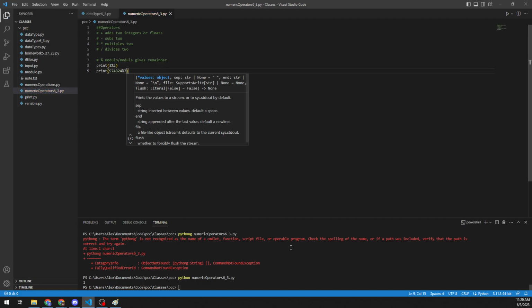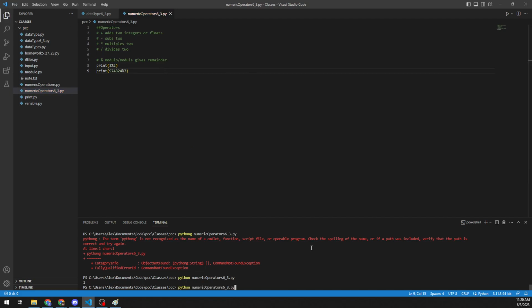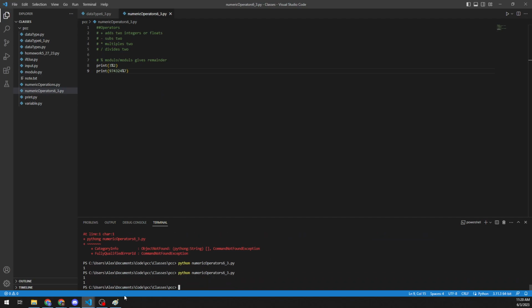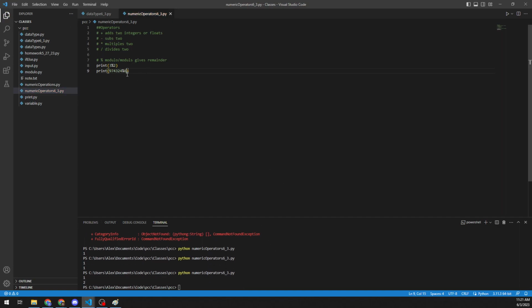Now I don't know if that's a multiple of 7 or not, but we can run that, and it gives you a remainder of 1. So it tells you, okay, it's not. So maybe instead of 7, we do 6. No. 4. There we go. So 97432 4 is a multiple of 4.